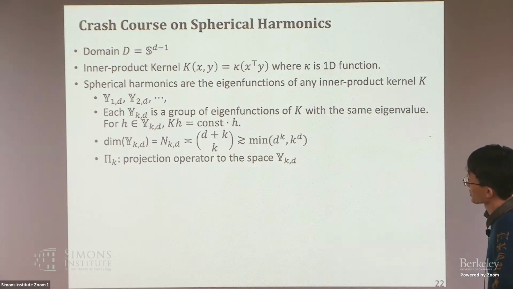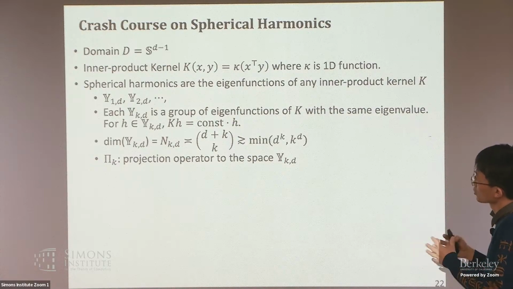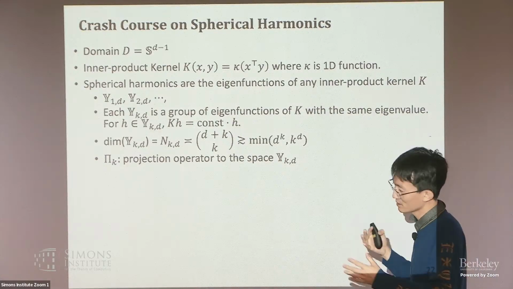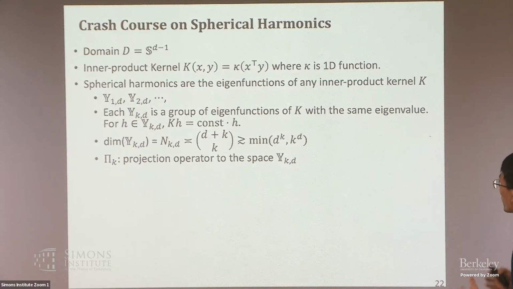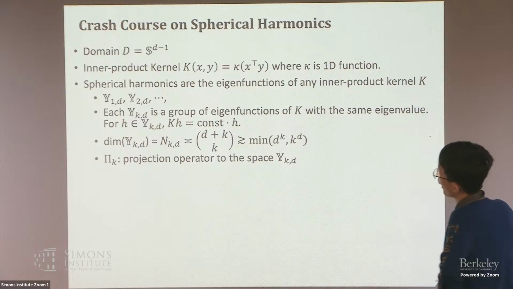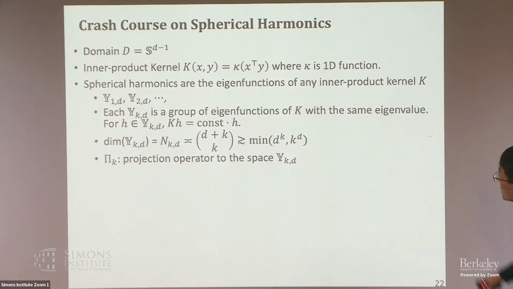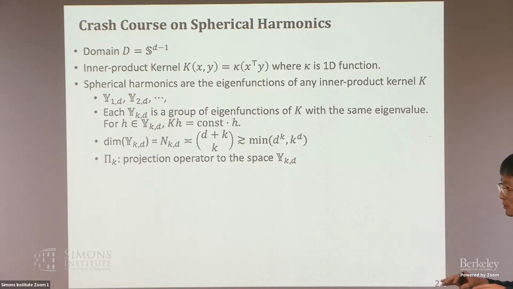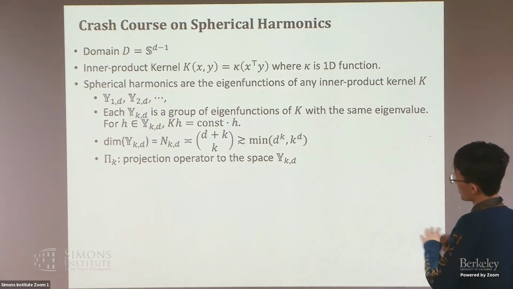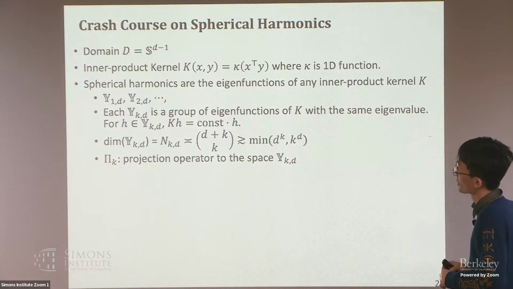And spherical harmonics can be grouped into groups, right? Based on orders. Y_1^d is the group of order 1 spherical harmonics in dimension d. Y_2^d is the group of order 2 eigenfunctions, and each of these groups is actually a subspace of eigenfunctions because they have the same eigenvalue.